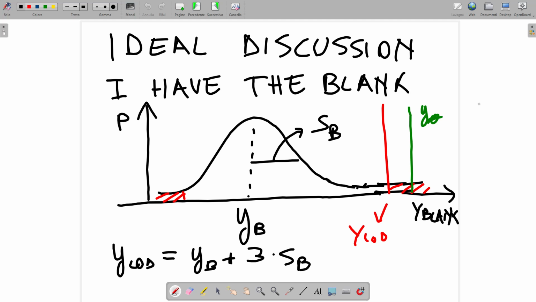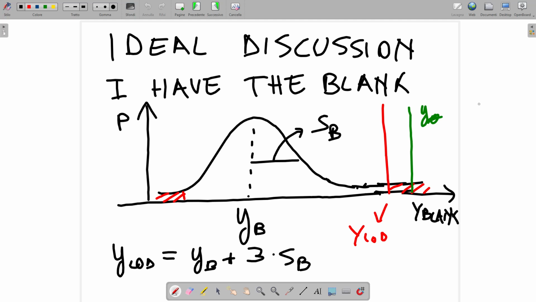But this is the way of discussing that this discipline has. So we state that what is in the tails of the distribution is the risk of being wrong in saying that we are outside the distribution. Okay, I think it is better.